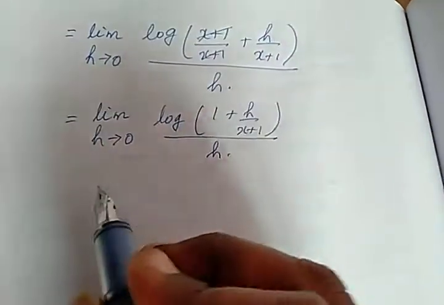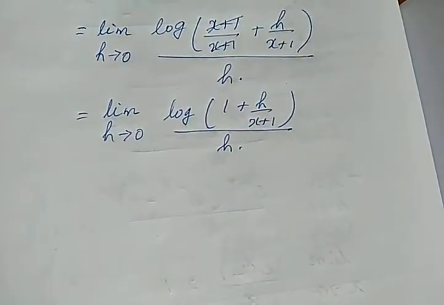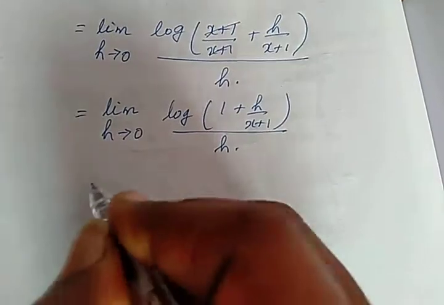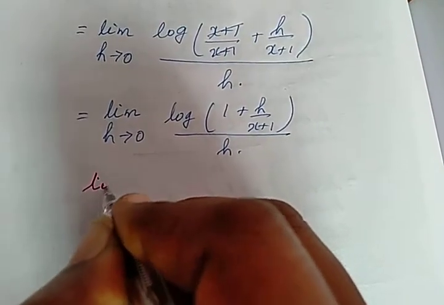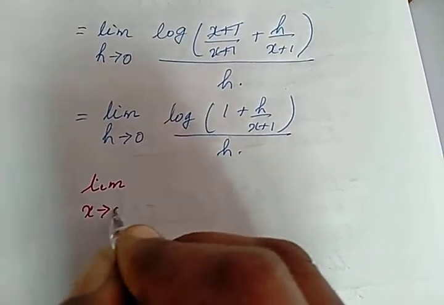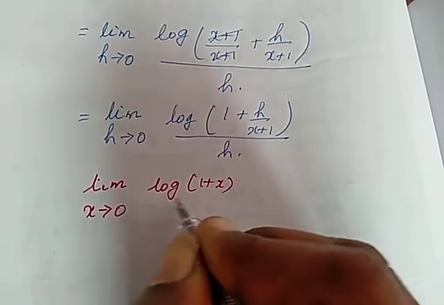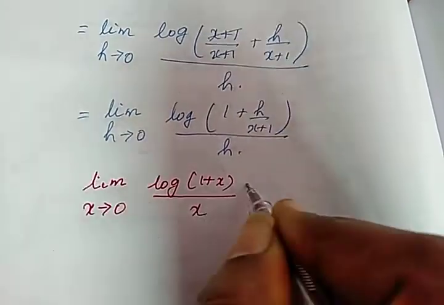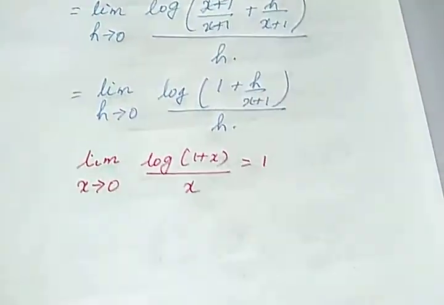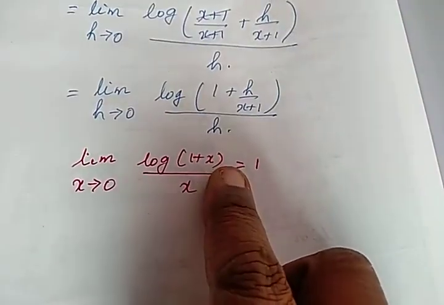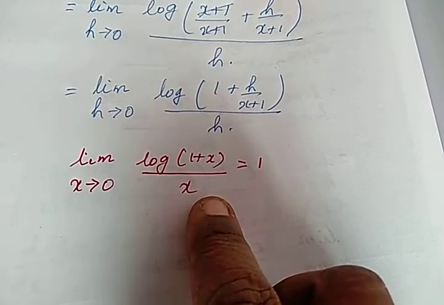Now I am going to use a formula here to simplify it further. The formula is limit x tends to 0 log 1 plus x the whole divided by x is equal to 1. So log 1 plus x divided by x.